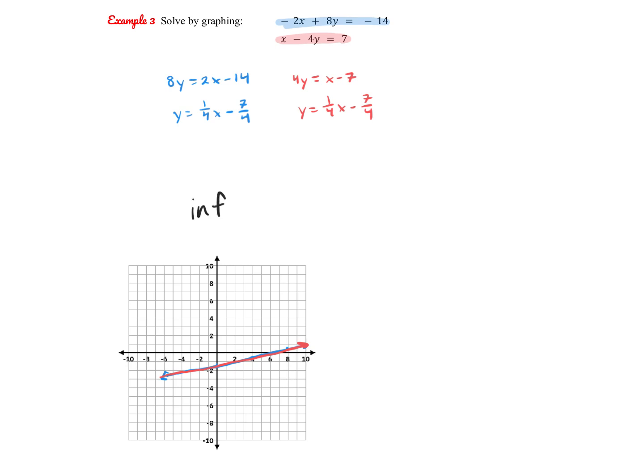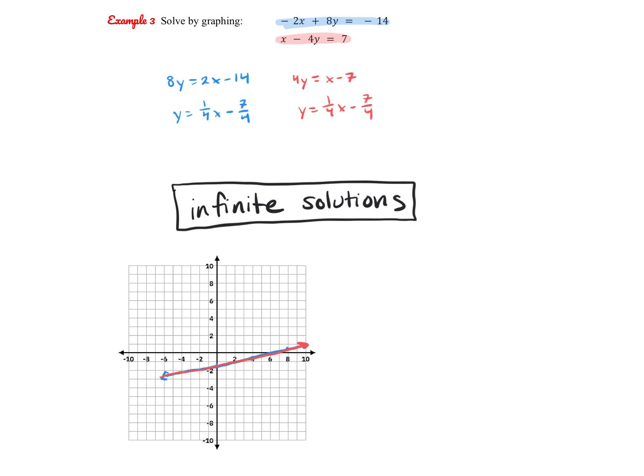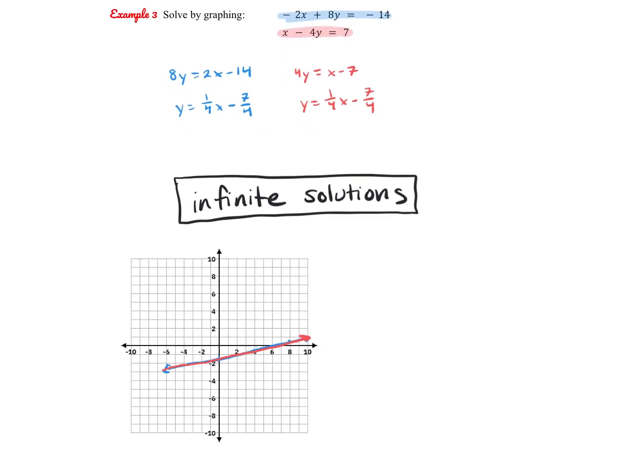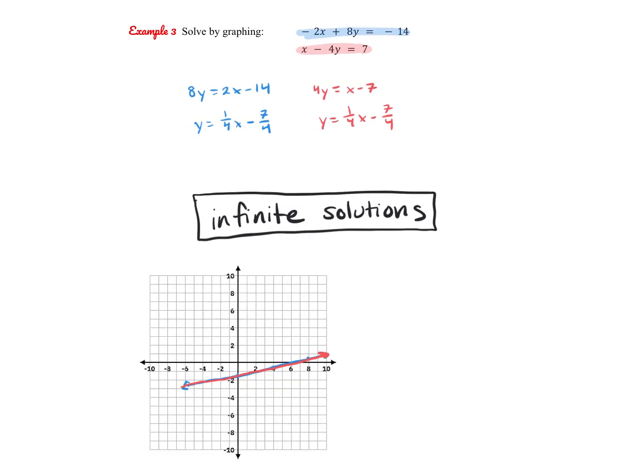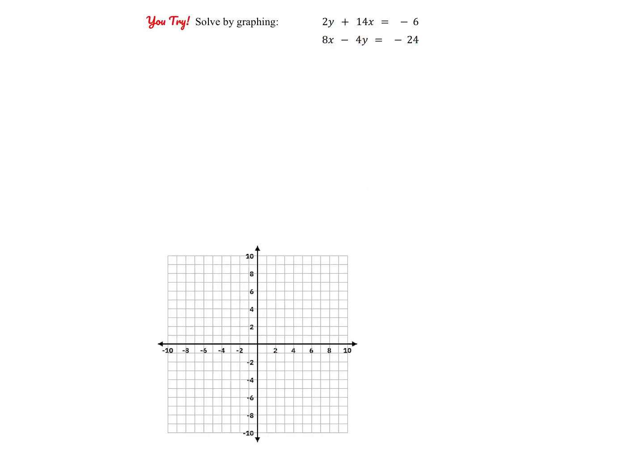So here we have, again, infinite solutions. So there we've kind of gone through the three cases that you'll see with these types of systems when we solve by graphing. All right, I have one for you to try on your own, so please pause the video and give it a shot.